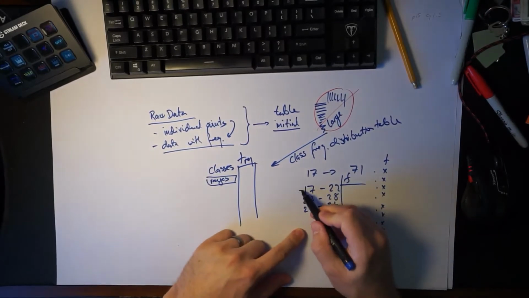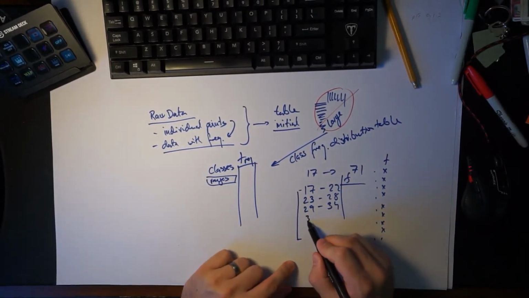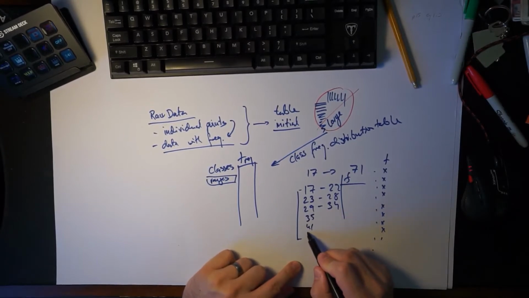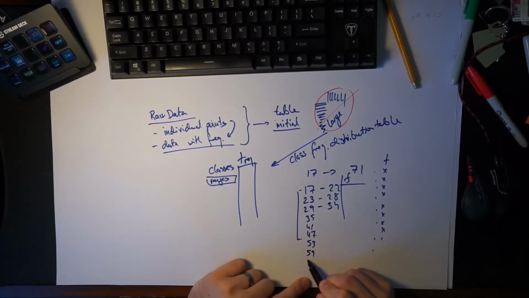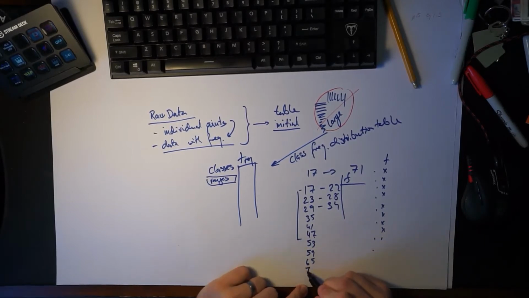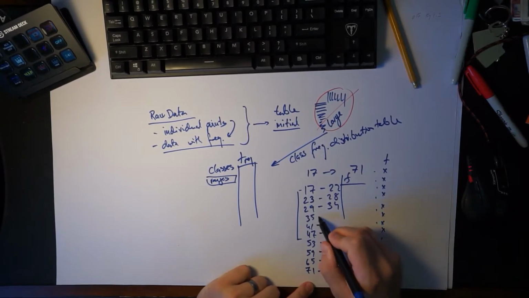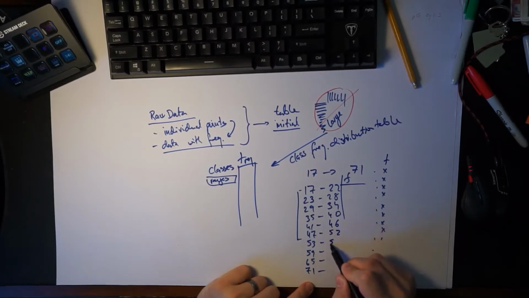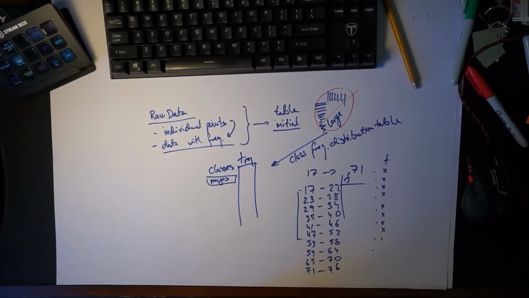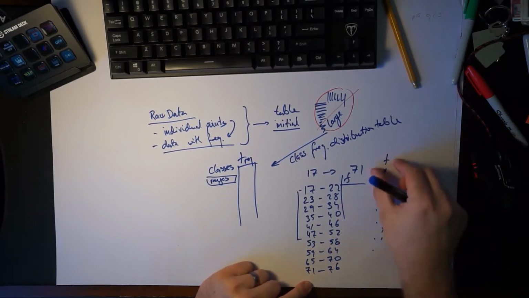This way, the number of entries here is going to be much smaller, because that will be 35, 41, 47, 53, 59, 65, 71 to 40, 46, 52, 58, 64, 70, and 76. Right? And we have some corresponding frequencies which we can add up here.